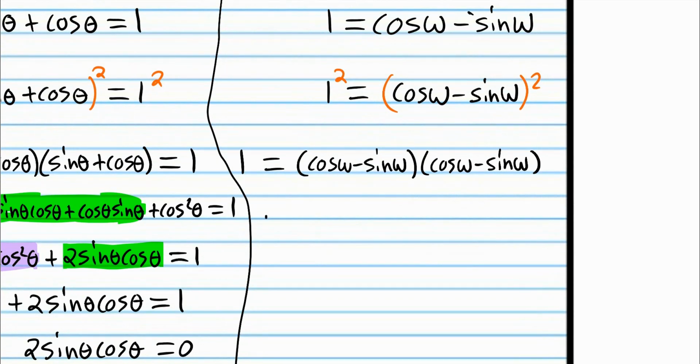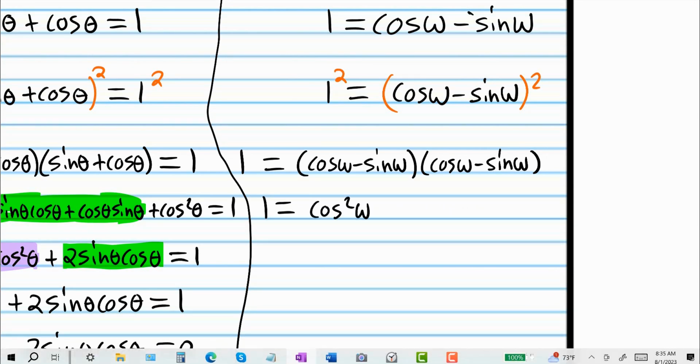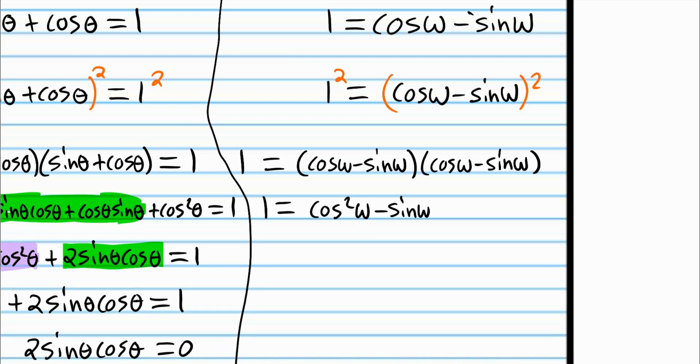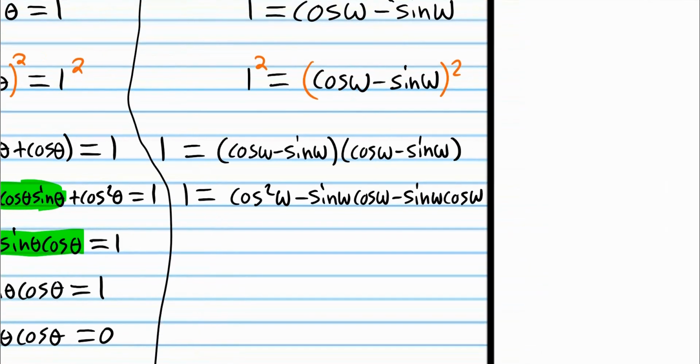And then we're going to use FOIL, multiply the first terms, the outside terms, the inside terms, and the last terms.